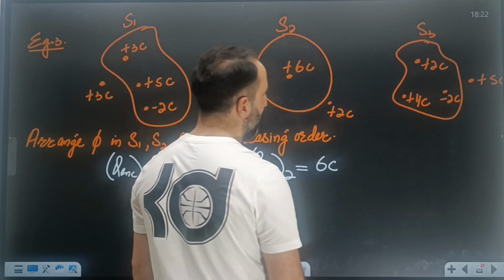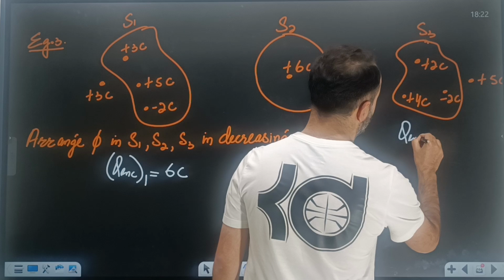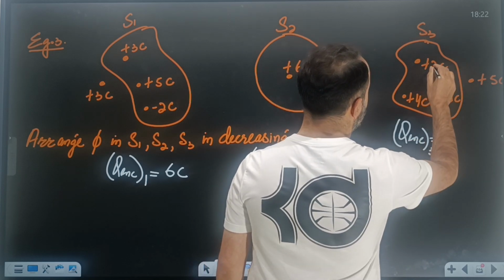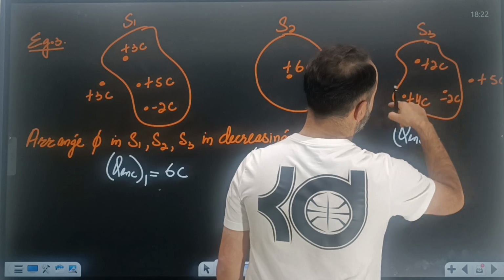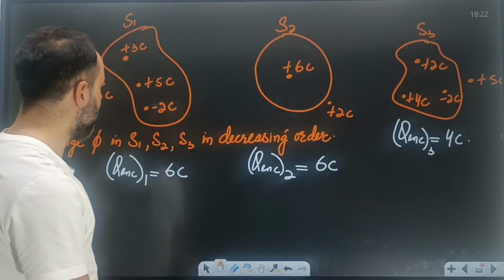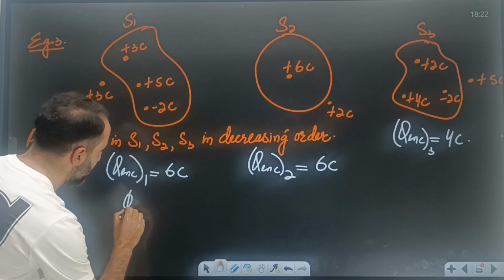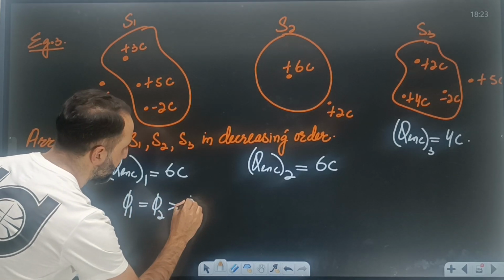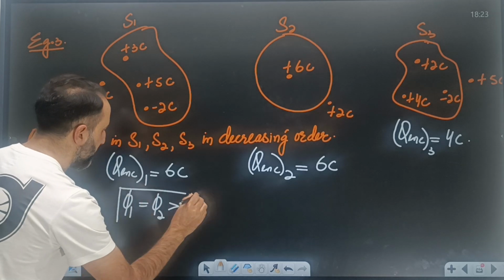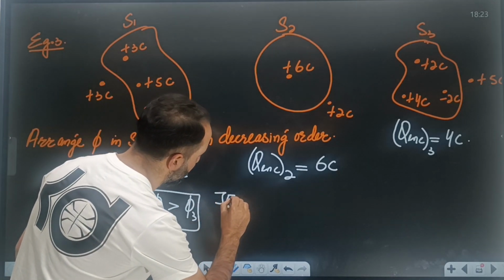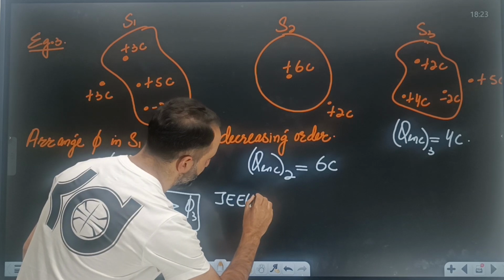That is 6 coulomb. What about this? Here in this unique case, what is Q enclosed for surface number 3? Minus 2 and plus 2 cancel, so it's equal to 4 coulomb. So that means flux phi 1 will be equal to flux phi 2 and will be greater than flux phi 3, as simple as that. Clear or not? This question has been asked in JEE Main 2022.